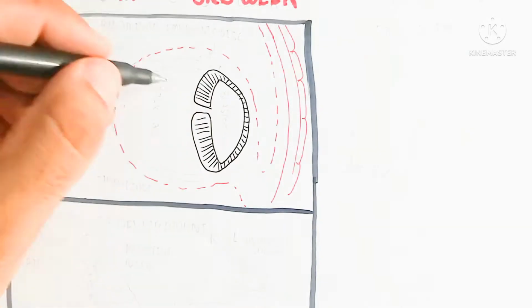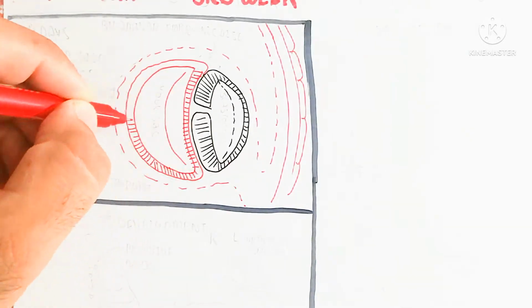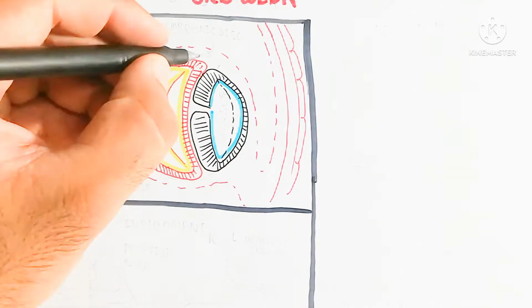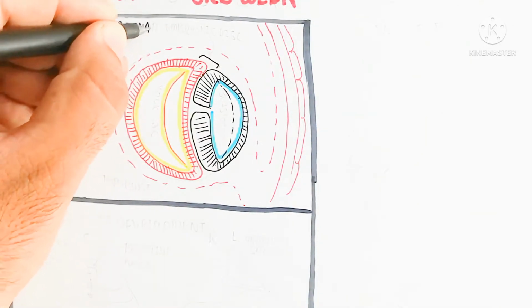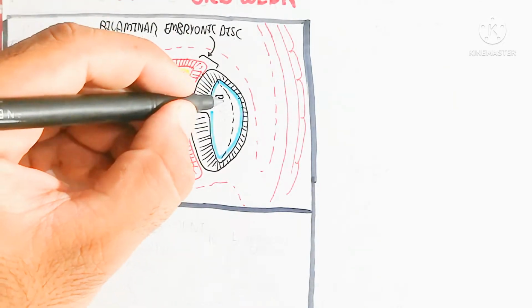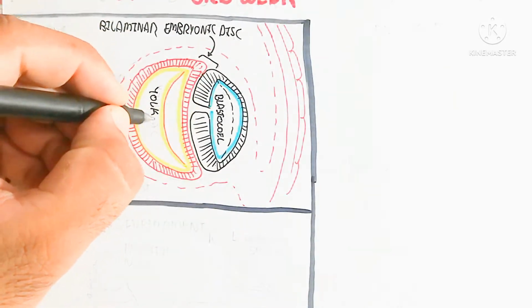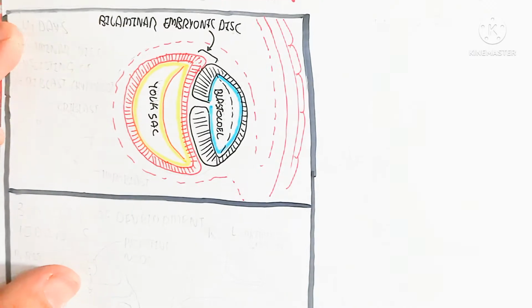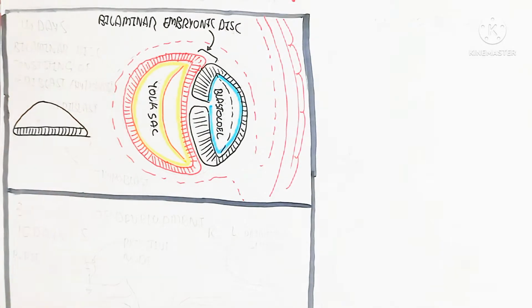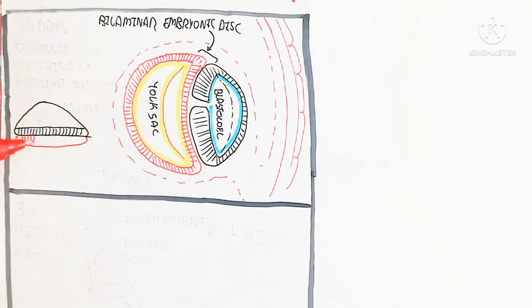Gastrulation means the 3 germinal layers are formed after the blastocyst, through blastula formation, to produce the gastrula. This is where it binds with the endometrium in the uterine wall, and here the bilaminar embryonic disc is present.